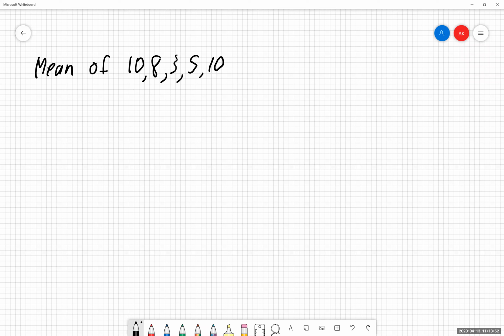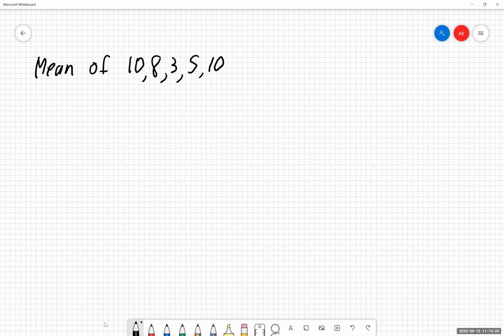There are a couple ways that you can organize this for yourself, and regardless of which one you choose, you want to determine, if nothing else, how many elements or numbers we have in this set of data. I'm going to make this 3 a bit better. As we're looking at this, we see that we've got 1, 2, 3, 4, 5 numbers in this set.